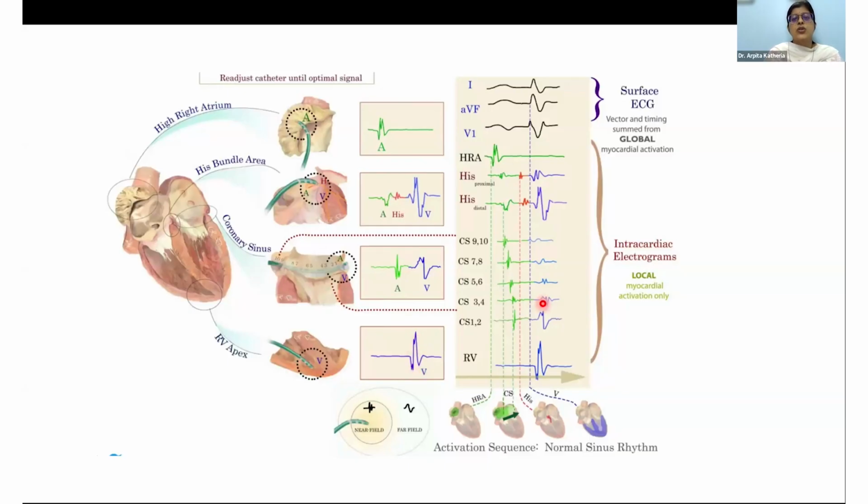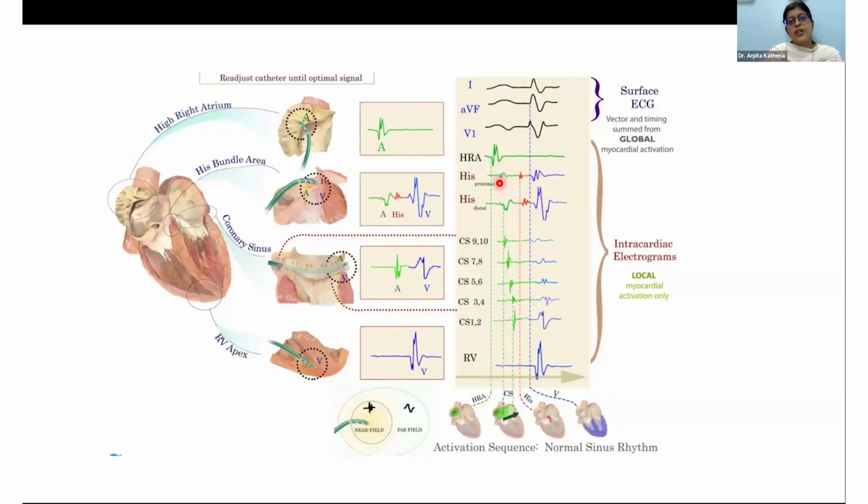In normal sinus rhythm, if we compare the conduction with the surface ECG, we have the surface ECG P wave. The first activated chamber is the high right atrium, followed by the His system: the His A wave, H and V wave.